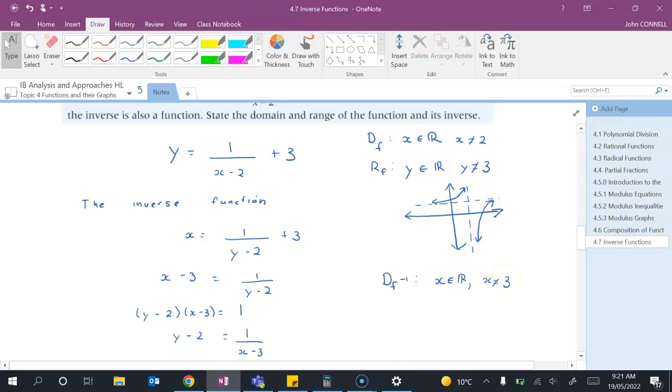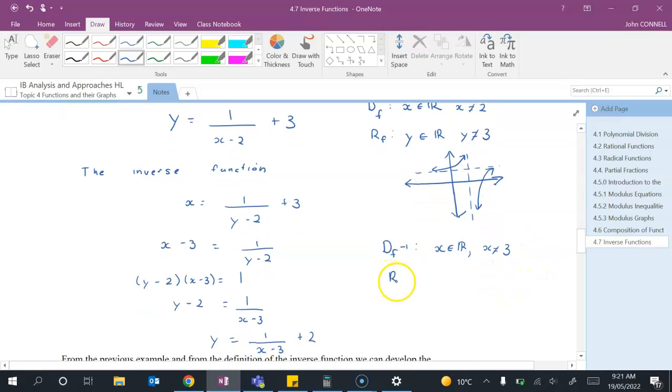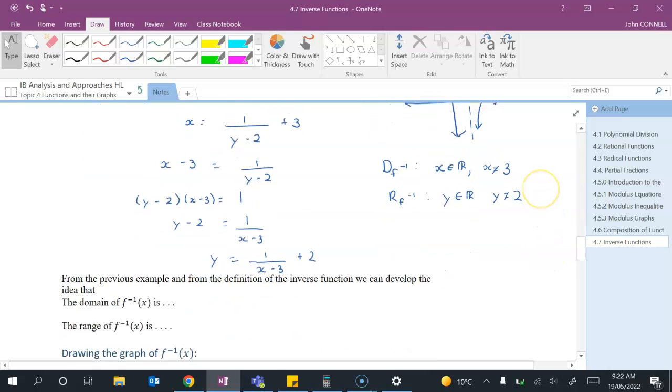It's just the range of f. And then the range of f inverse is y in the reals, y not equal to 2. So the domain and the range just swap. And notice that makes sense, because if I think about when x equals 3, then I get 1 on 0, so that can't be in the domain. And then as x goes to infinity, y will just go towards 2, so that's not going to be in the range.